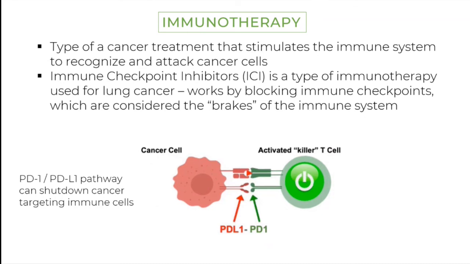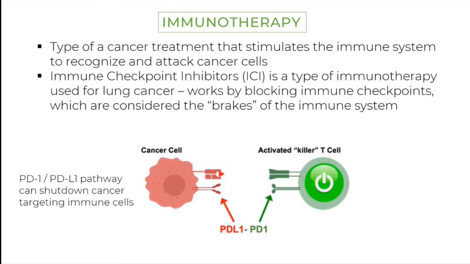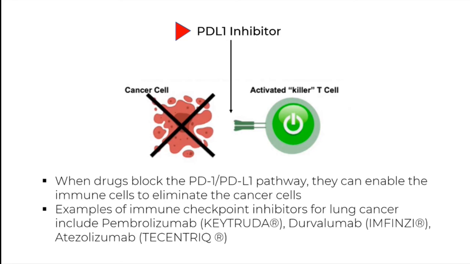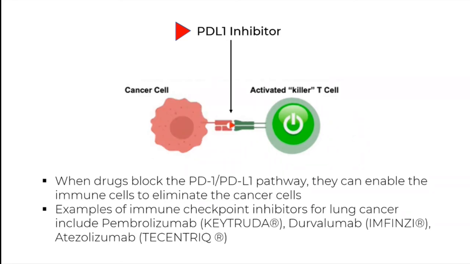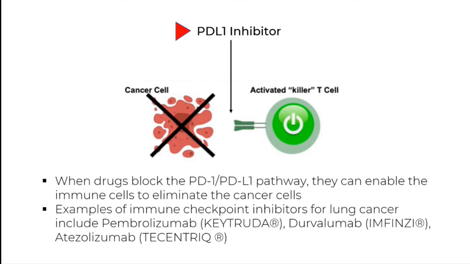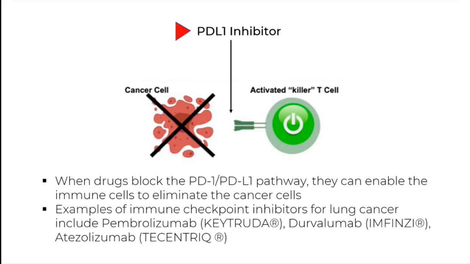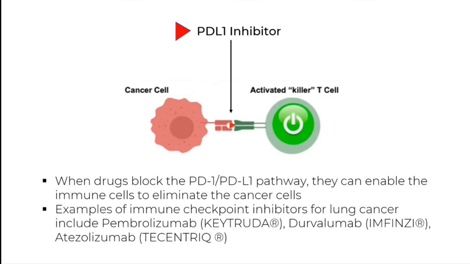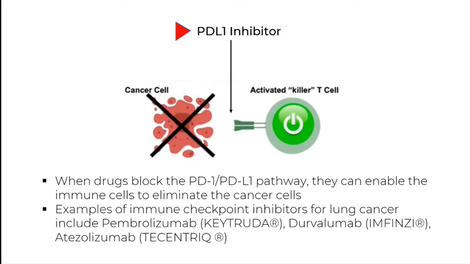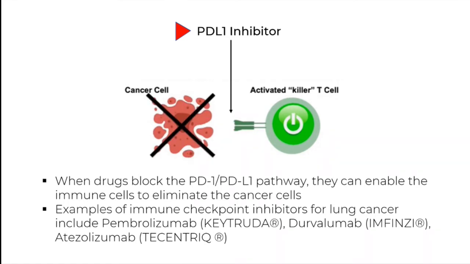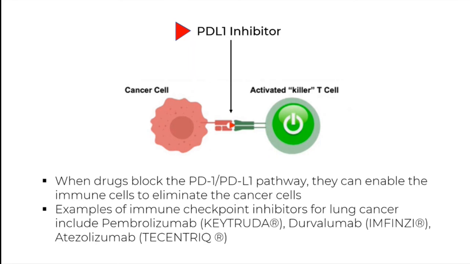As you can see here, at the PD-1, PD-L1 interface, there's a blockage in that communication. Essentially, what immunotherapy does is allow that T cell to exert its effects by blocking that pathway. So when drugs such as PD-1 or PD-L1 inhibitors are given to a patient, they really enable the immune system to not only recognize, but even to eliminate the cancer cells.